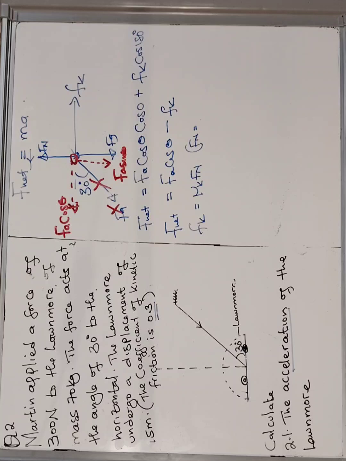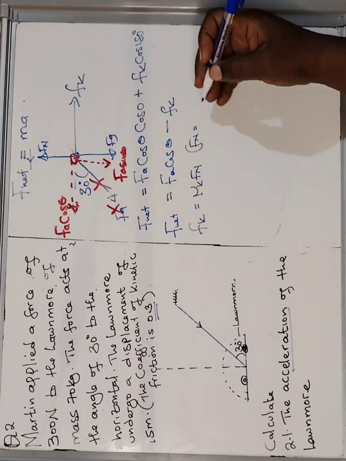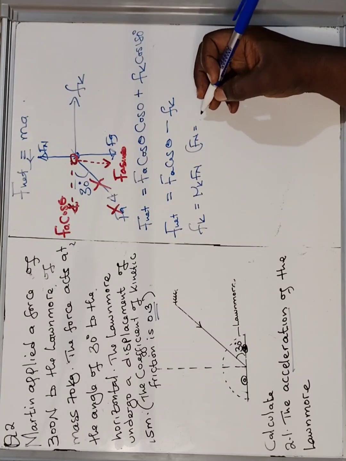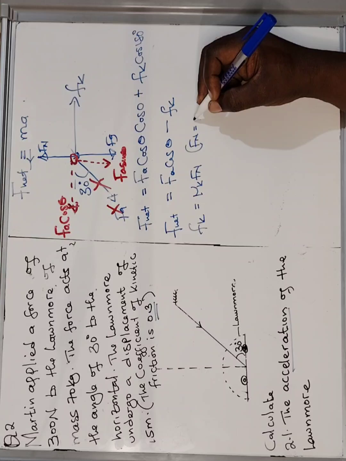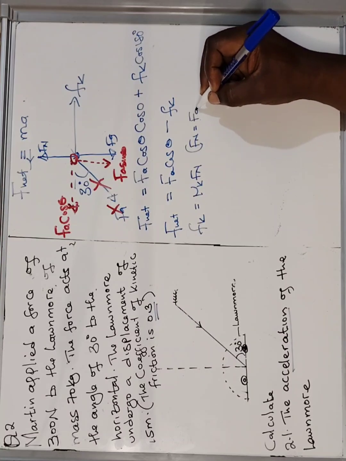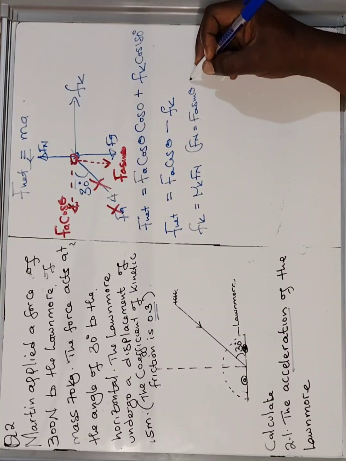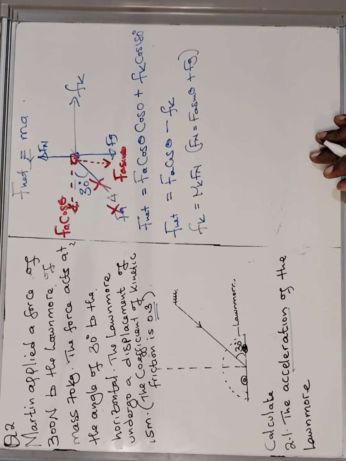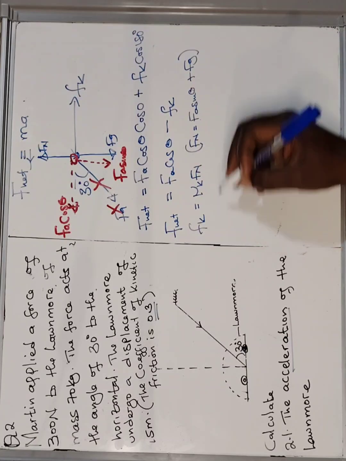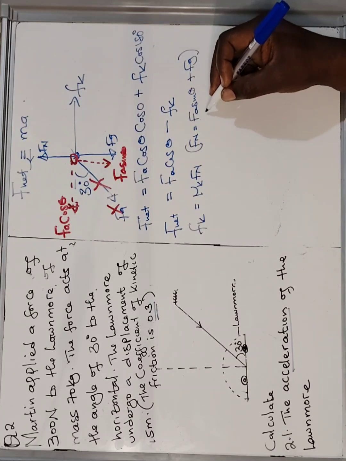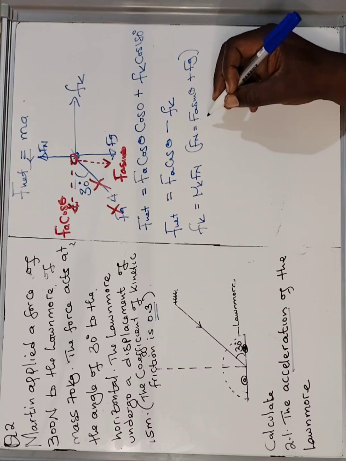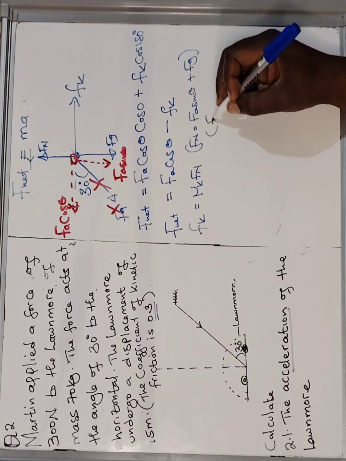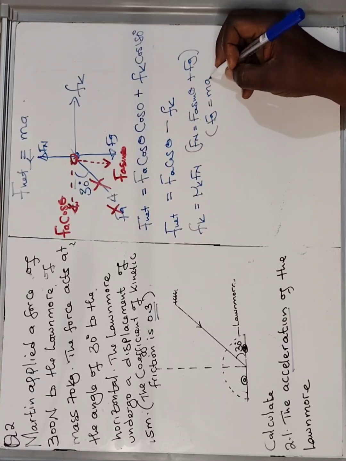The meaning of that is that the sum of forces upwards is equal to the sum of forces downwards. So Fn is going to be equal to Fa sine theta plus Fg. That's our Fn, and you must not forget that our Fg is mg.